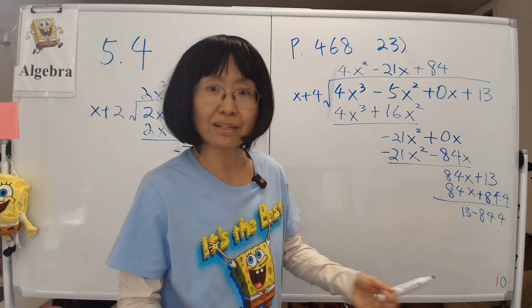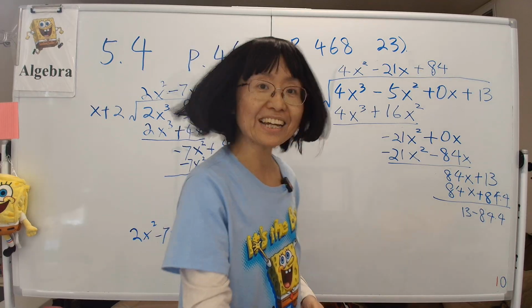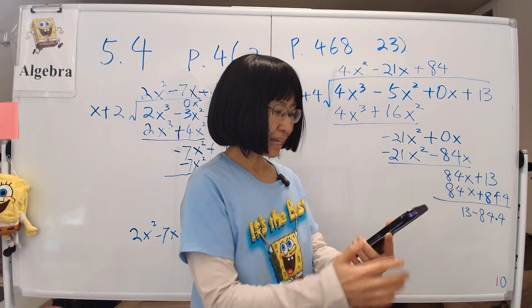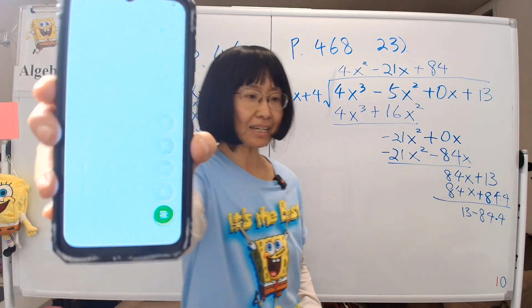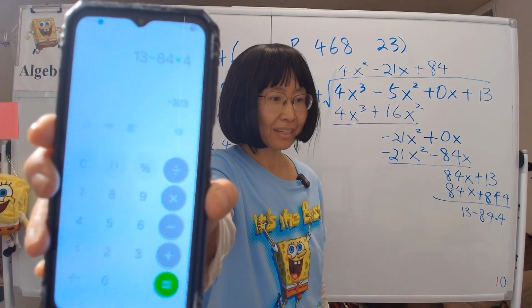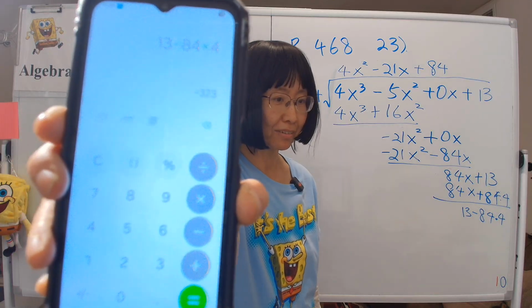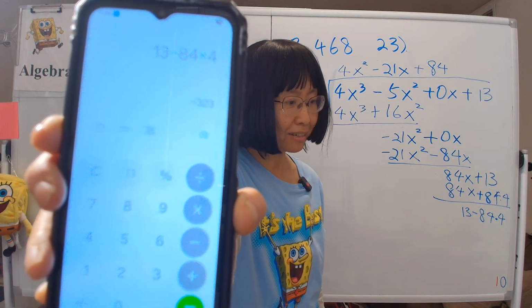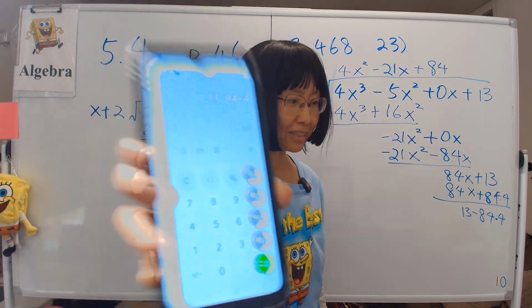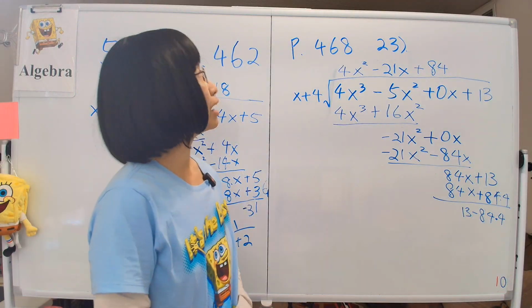So now let me use the calculator to see if I got it right. Okay, I punched in 13 minus 84 times 4, on my cell phone because I can't find the calculator. And that's equal to negative 323, which is the right answer.